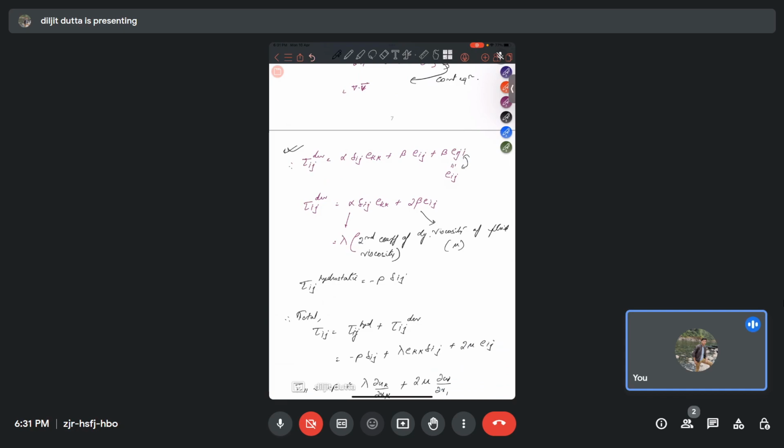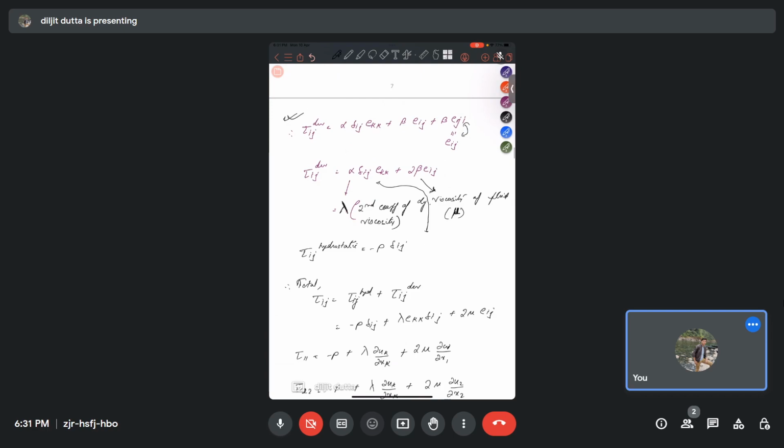Now what we define based on experiments done by Navier and Stokes is that alpha corresponds to the second coefficient of viscosity. It is denoted by the symbol lambda, and beta comes out to be the dynamic viscosity of the fluid, so it is denoted by mu. So this is for tau ij deviatoric.